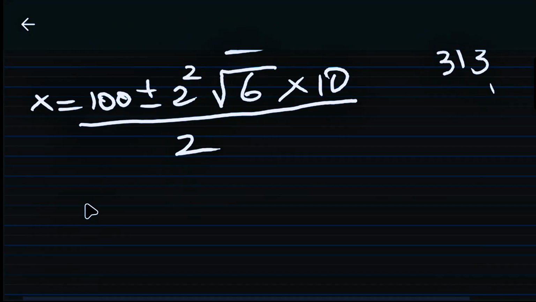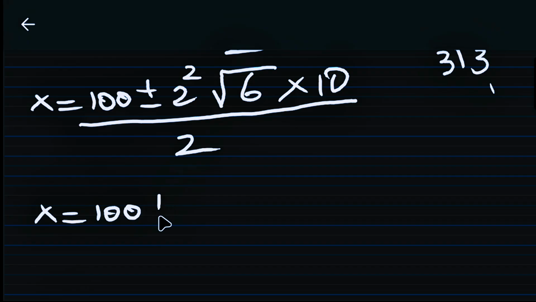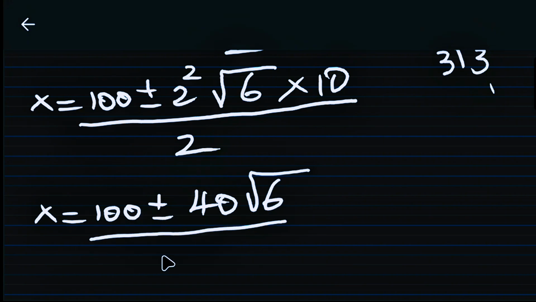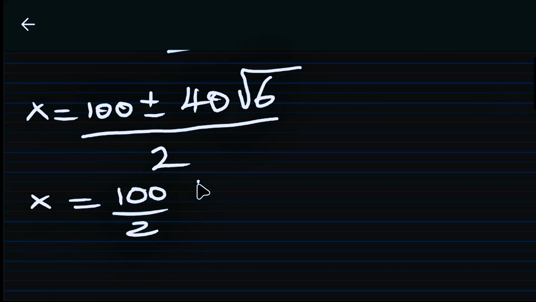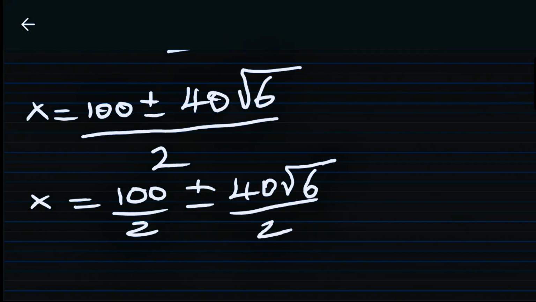So from here we'll have x equal to 100 plus or minus 2 squared, which is 4. 4 multiplied by 10 equals 40. Then square root of 6. We divide everything by 2. So from here they have a common denominator. So x will be equal to 100 divided by 2 plus or minus 40 square root of 6 divided by 2.